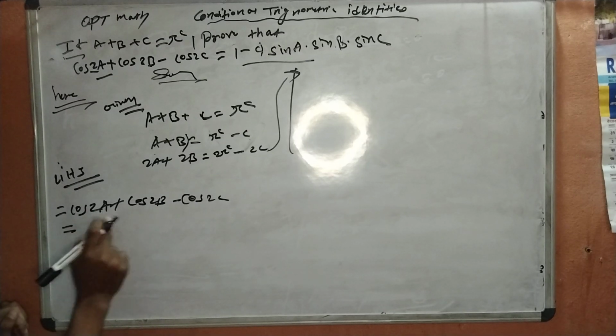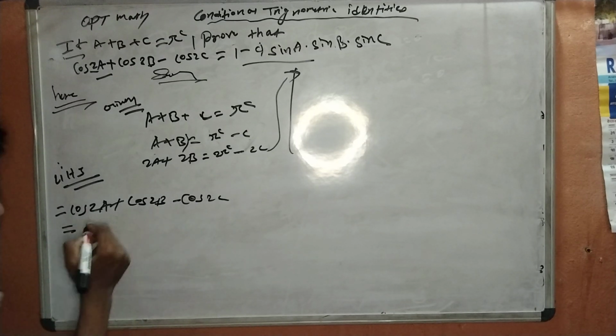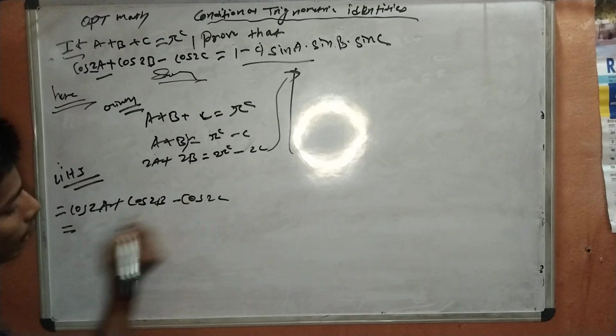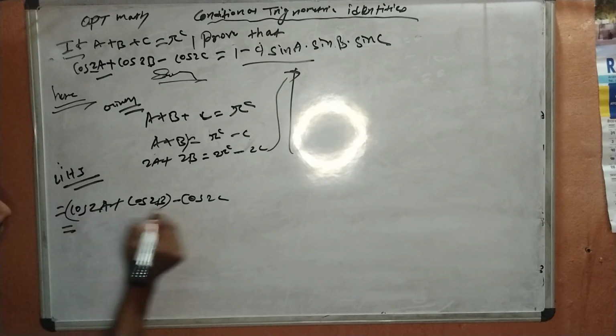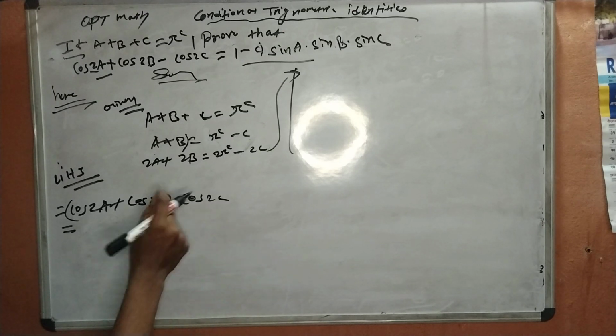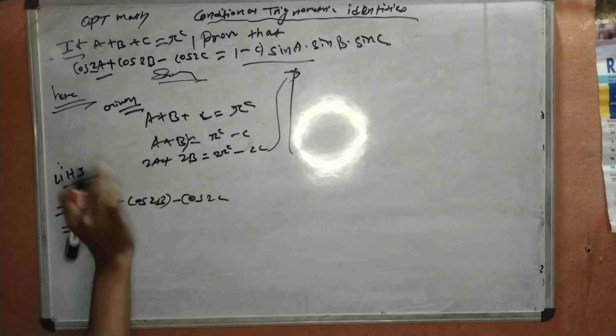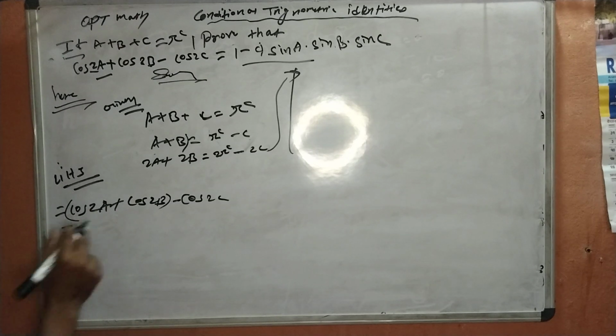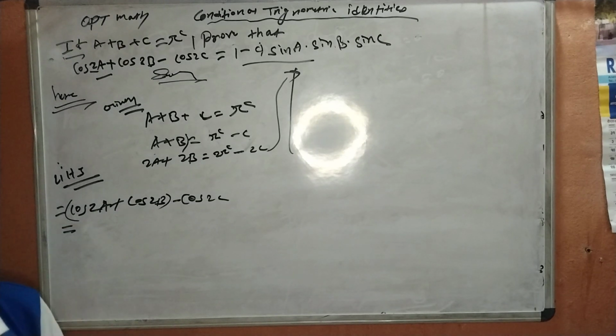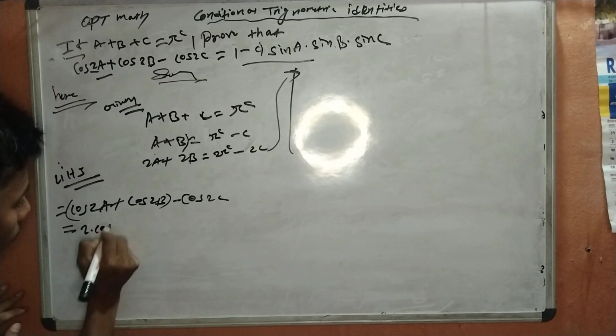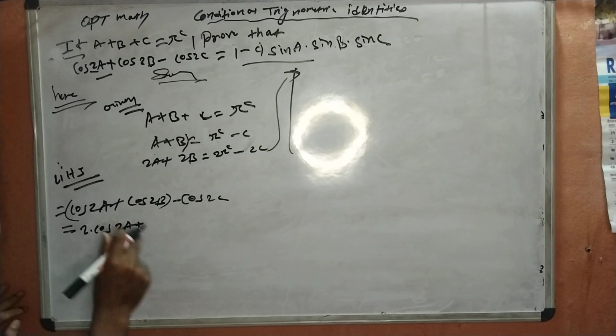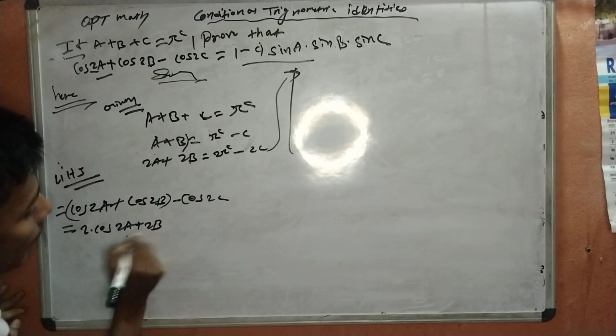This is cos C plus cos D. I will take this part as the formula and leave the rest as it is. In the cos C plus cos D formula, there is 2, cos, cos, so cos with no change: 2 cos((2A plus 2B) by 2).